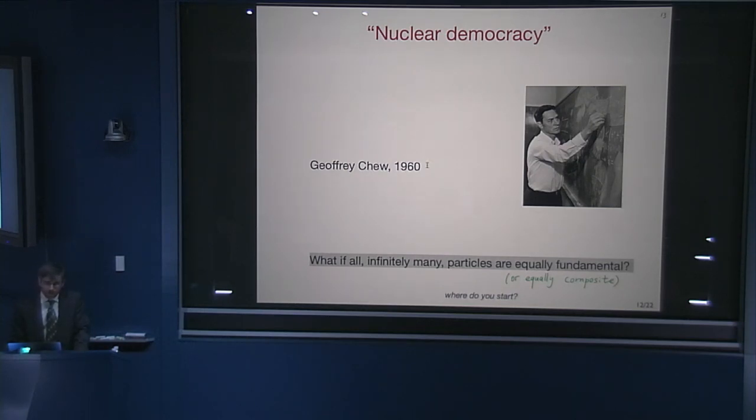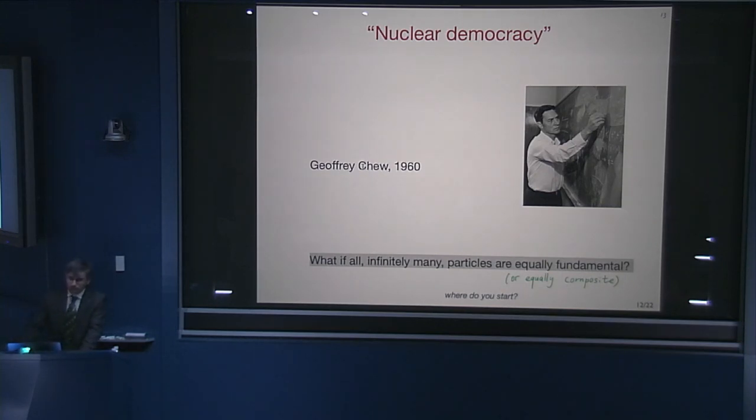It's usually associated with the name of Geoffrey Chew, a theoretical particle physicist in Berkeley, who around 1960, when these particles started multiplying like rabbits, proposed this idea which he called nuclear democracy.